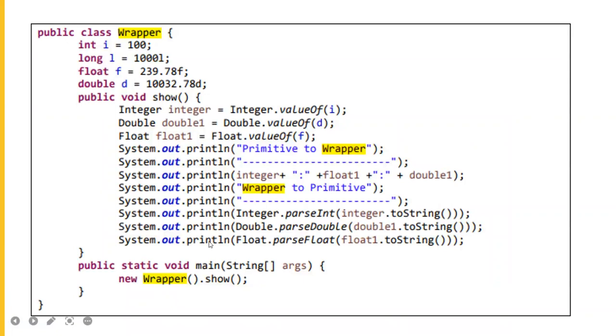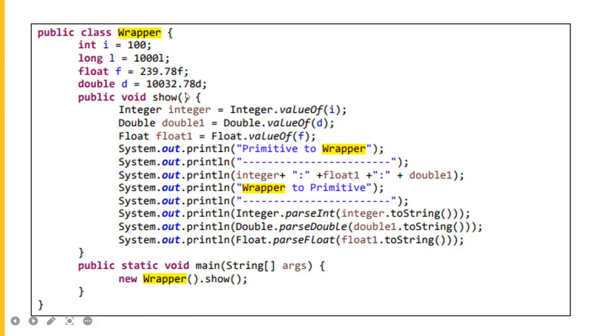Let's go for one example. Look at the example here. There is a wrapper class. Wrapper is a class. I am declaring all the primitive data types: int i, long l, float f, double d. These are all primitive data types. These primitive data types we are going to convert into wrapper objects.